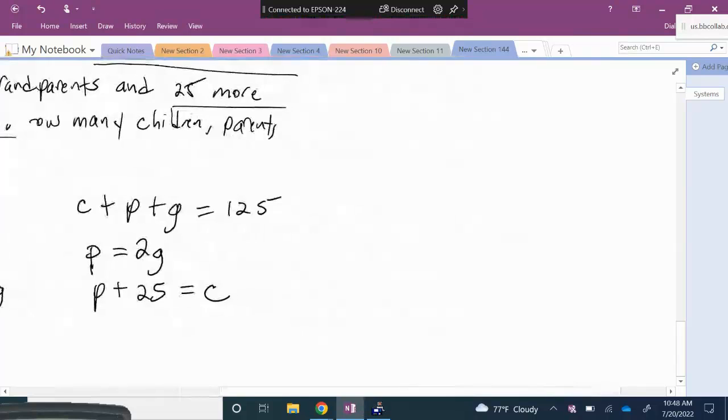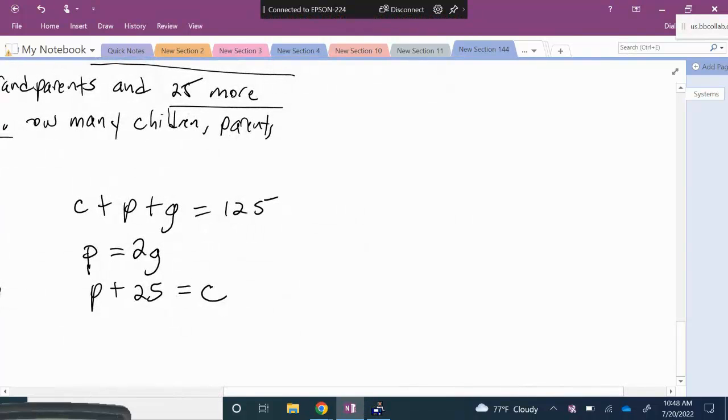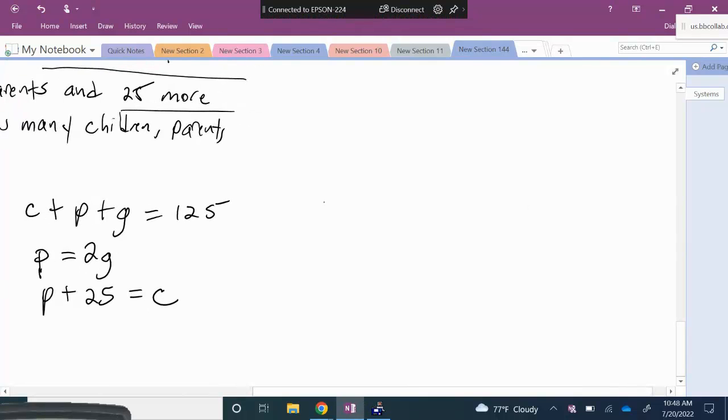First of all, we're going to get all of our variables on one side of the equation. So we have C plus P plus G is equal to 125. It really doesn't matter which side you put all your variables on.